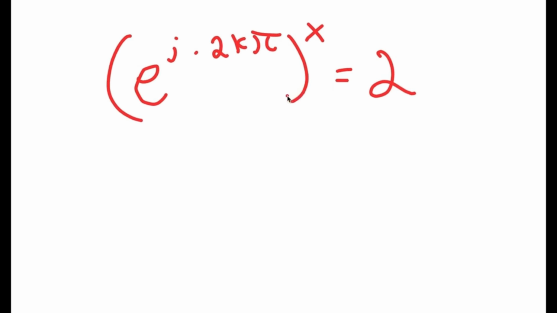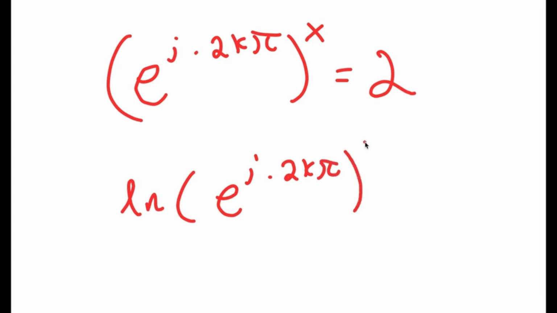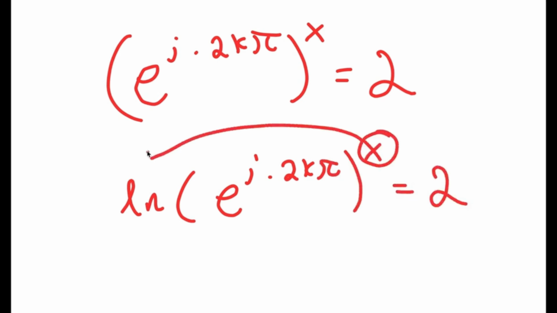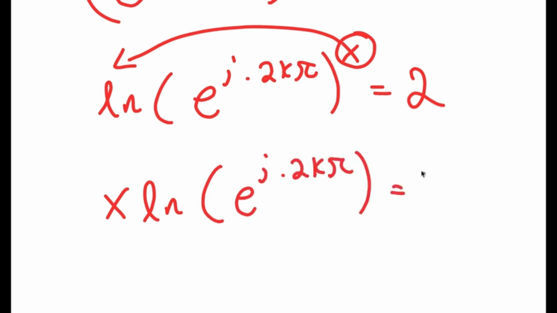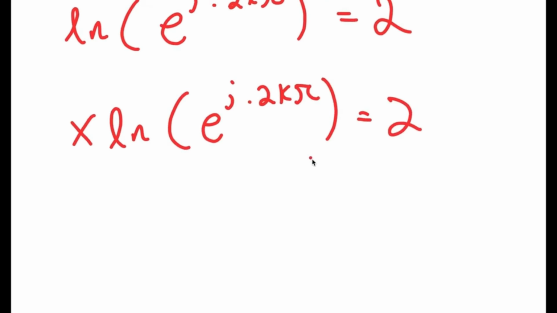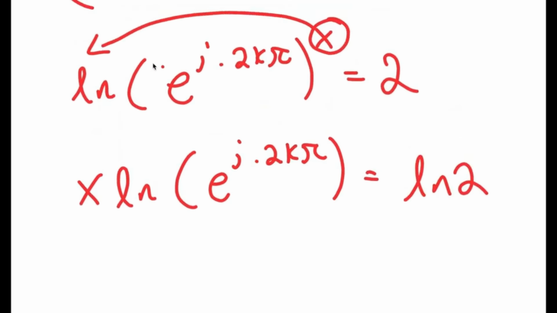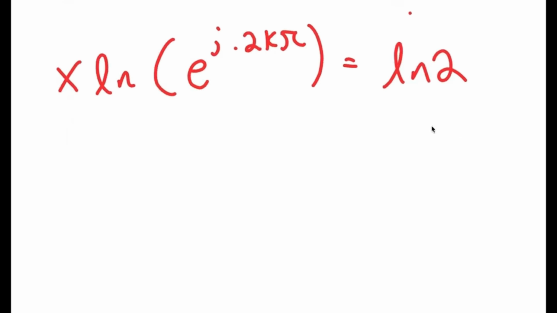And now, with this, I'm going to take the ln, or natural log, on both sides. So I have ln e to the power of i times 2k pi to the power of x is equal to 2. So I'm going to now bring this x down using a property of natural logarithms. So I get x times ln e to the power of i times 2k pi is equal to ln of 2, because if you take ln on one side, you have to do the other side.